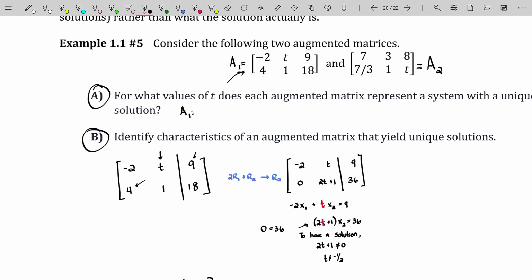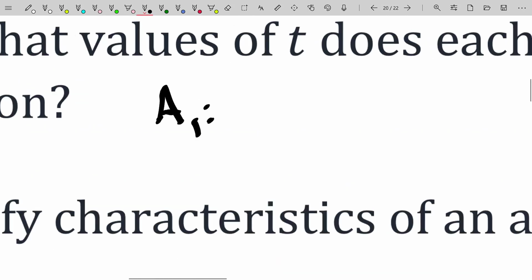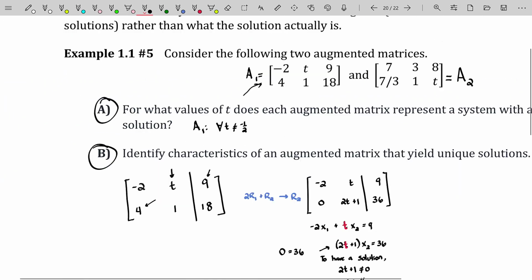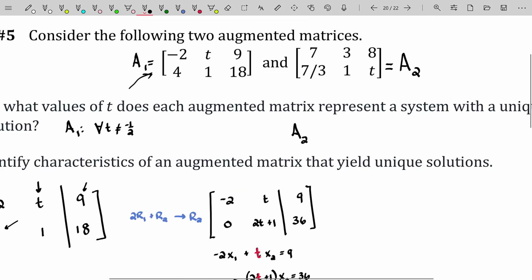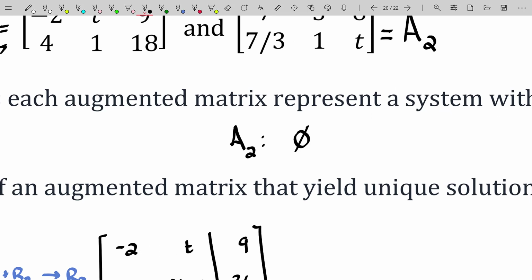So for the first augmented matrix, we know that that linear system that underlies that augmented matrix has a unique solution as long as t is not equal to -1/2. That upside down capital A just means for all. So for all t not equal to -1/2, we have a unique solution. But for A sub 2, there's no value of t. Or in other words, the empty set.